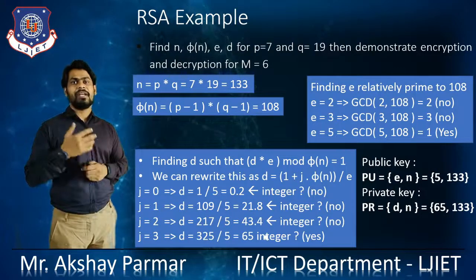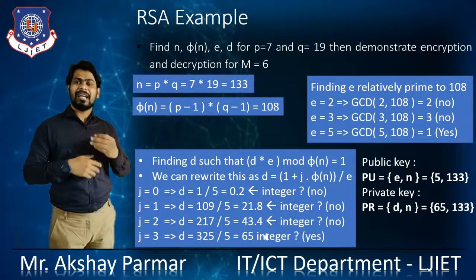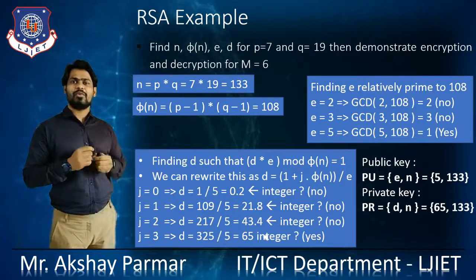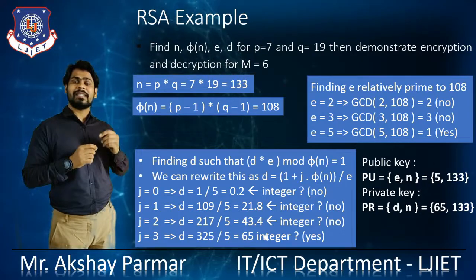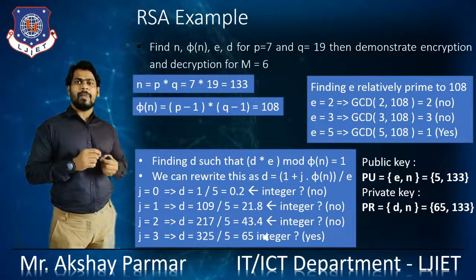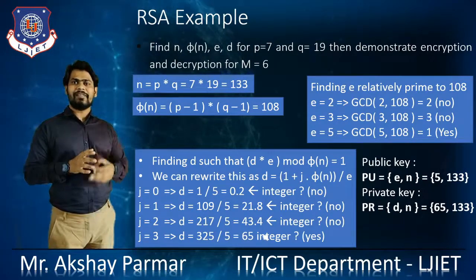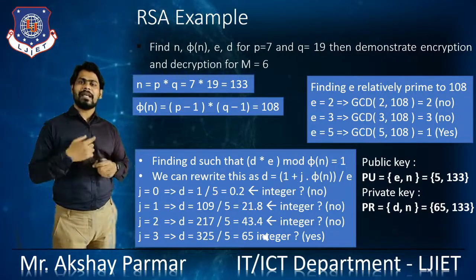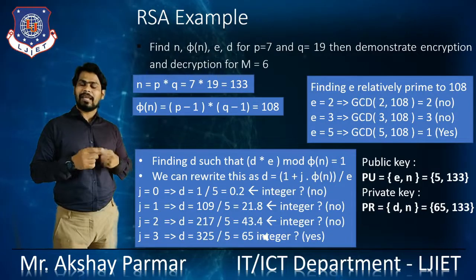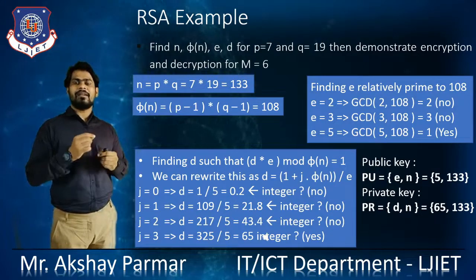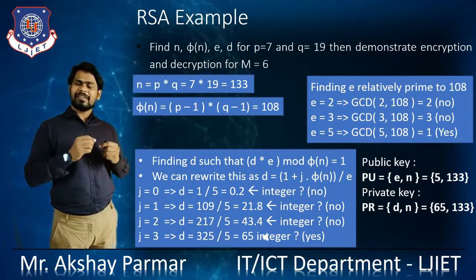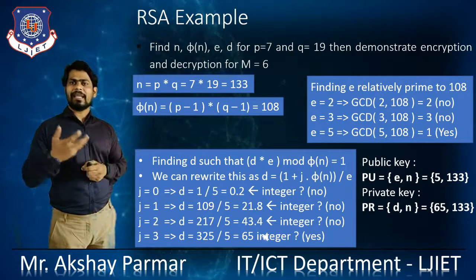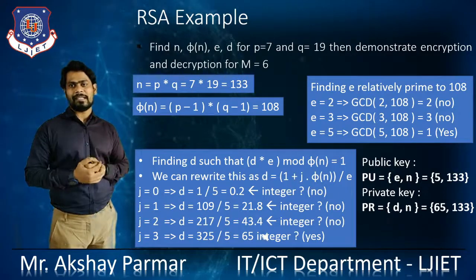After that, we need to find an E that is relatively prime to 108. The GCD of E and phi(N) must be 1. So we get E equal to 5 as our answer, and we select E equal to 5 for our example.